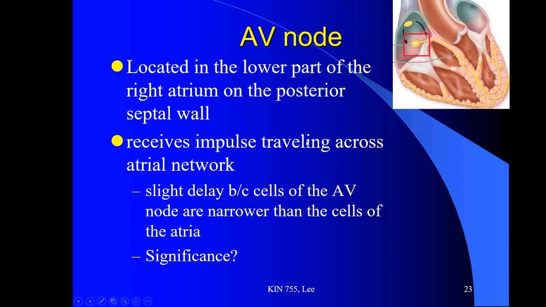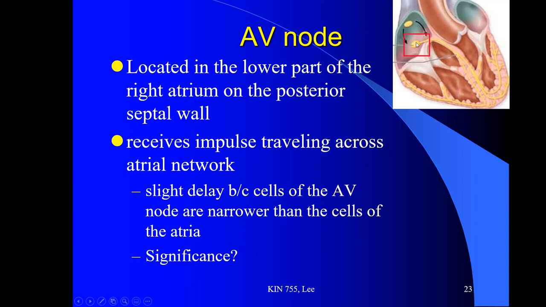When the electricity gets here to the AV node, you get this slight delay because the cells are really, really narrow, and it actually slows the conduction down a little bit. What's the significance of that?